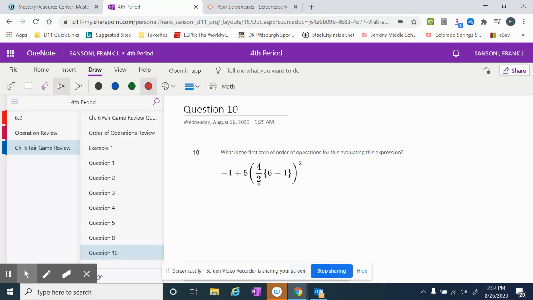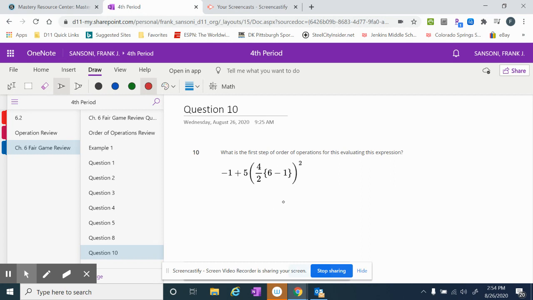However, if you look at this problem right here, this problem has two sets of parentheses. It has an exterior set and it has an interior set. So we don't need to pause this because we're not even solving the whole thing. You are just looking at what is the first thing that we would do. And the first thing that we would do would be the interior set of parentheses.